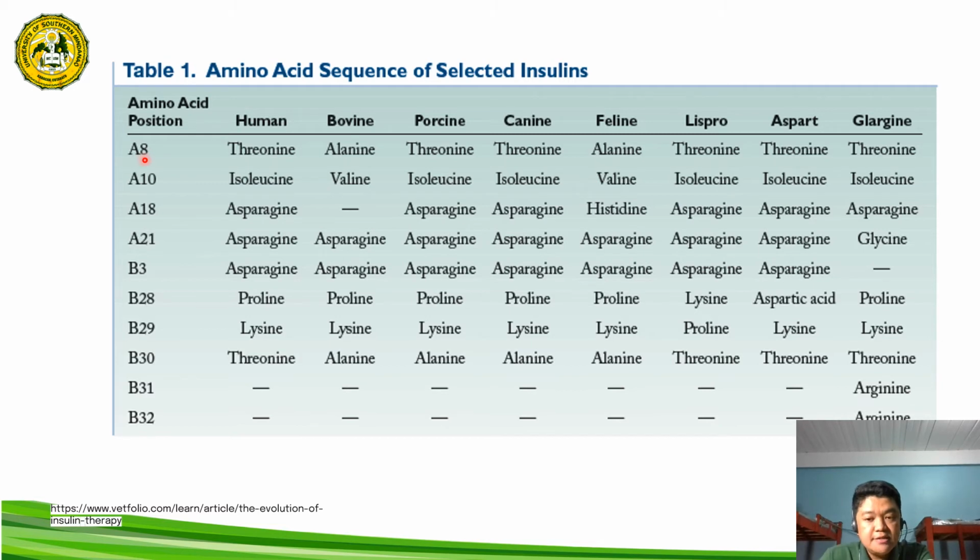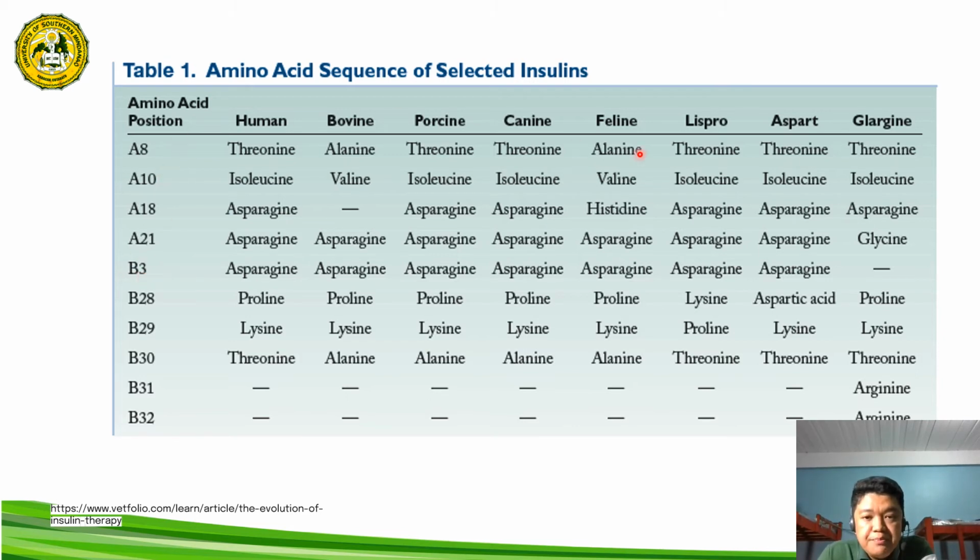So when we say A8, that is an amino acid that is located at the 8th position of the A chain. When we say B3, that is the amino acid that is located at the 3rd position of the B chain, the 3rd amino acid of the B chain.